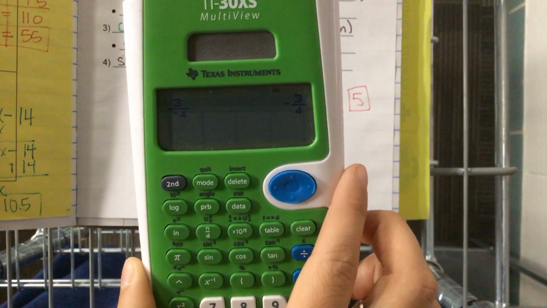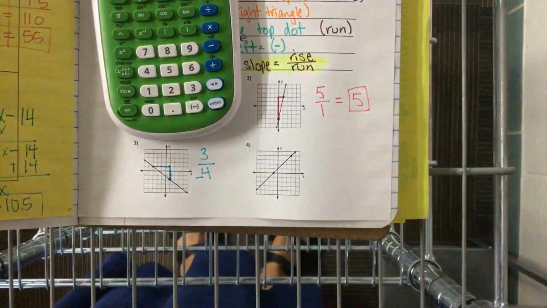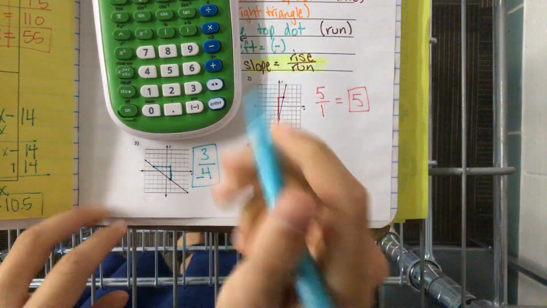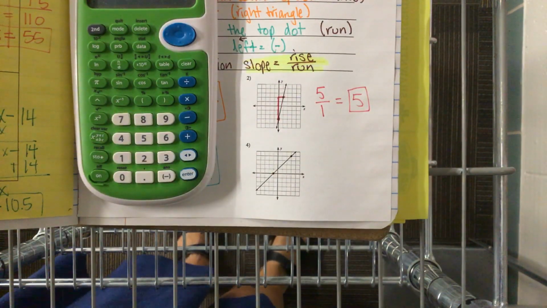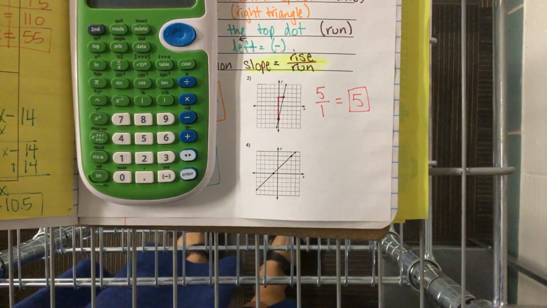Remember, the steps are start at the bottom dot and count straight up. Shockingly, sometimes the hardest part is drawing this triangle, because your right triangle looks a little lumpy. Start at the bottom dot, count up, and turn the corner. You're making a right triangle. And then you count over to the top dot.